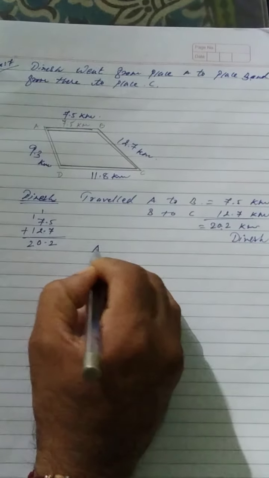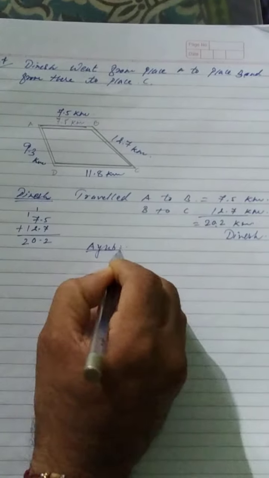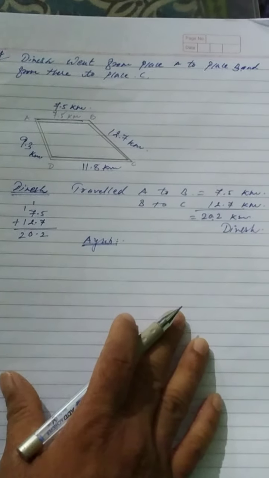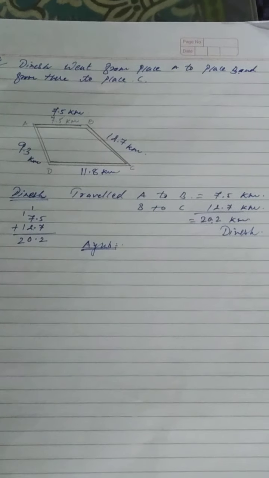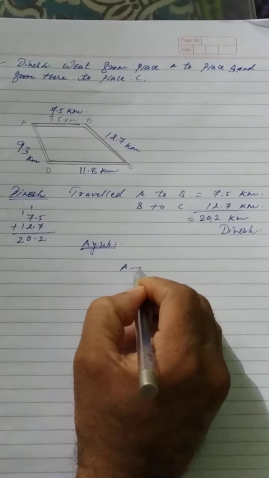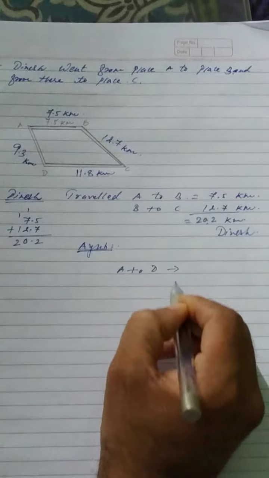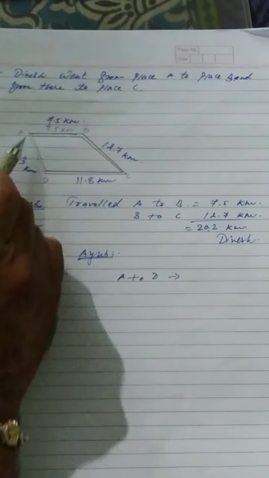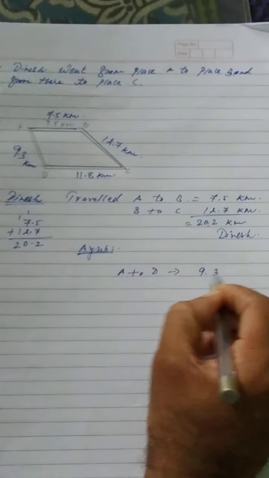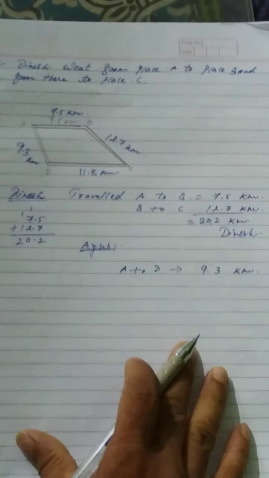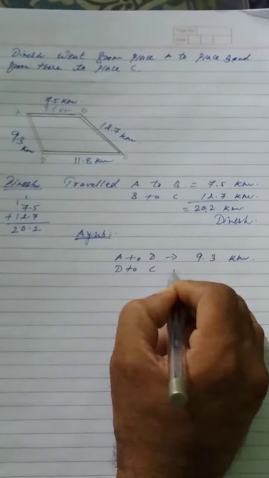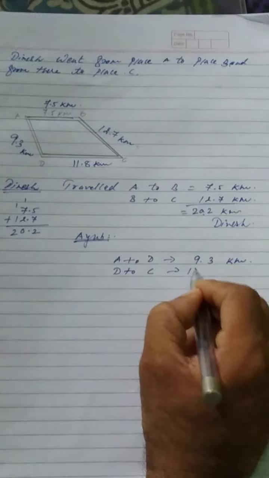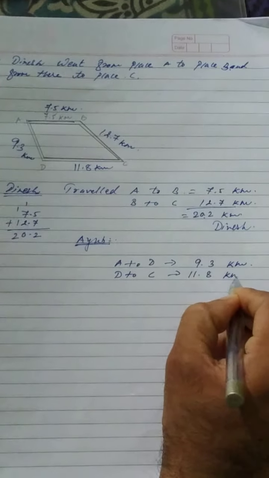Who is the next person? Ayub. Let's see the journey of Ayub. He traveled from A to D, 9.3 kilometers, and then from D to C, 11.8 kilometers.